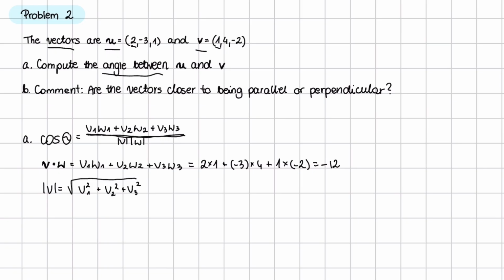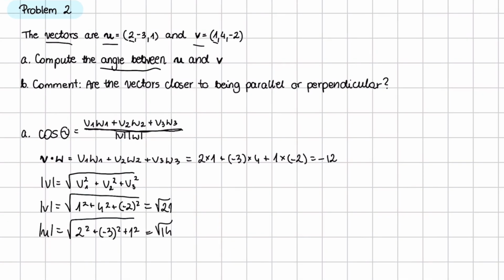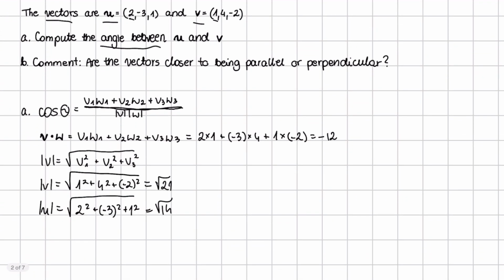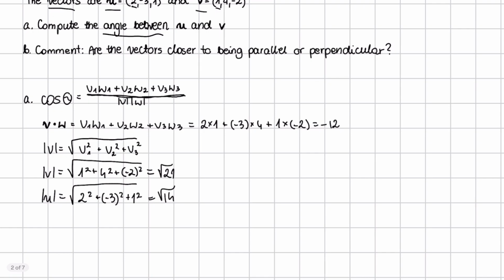It looks like this, and now we have to substitute our values from V and U. So this is it, we have our answers, and now we can substitute them into our formula.